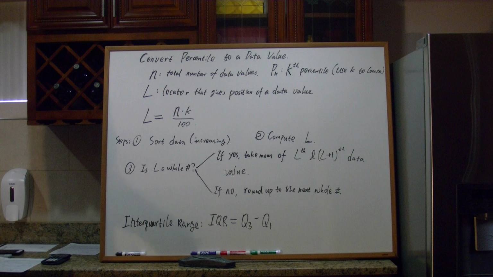Above and below Q3 and Q1 are the outliers. If we have data values exceeding those fences, then they are outliers. Some other resources say twice the IQR above or below Q1 and Q3 could be the outliers.